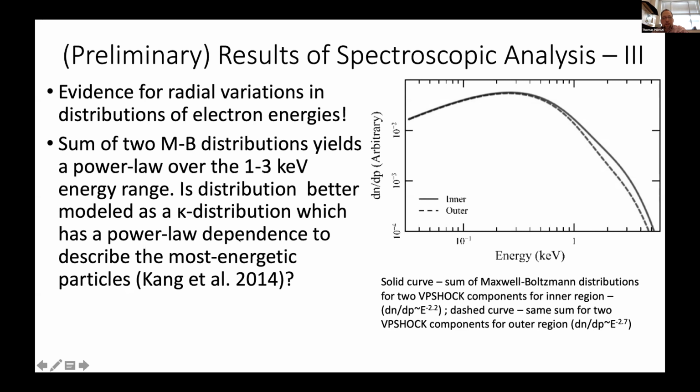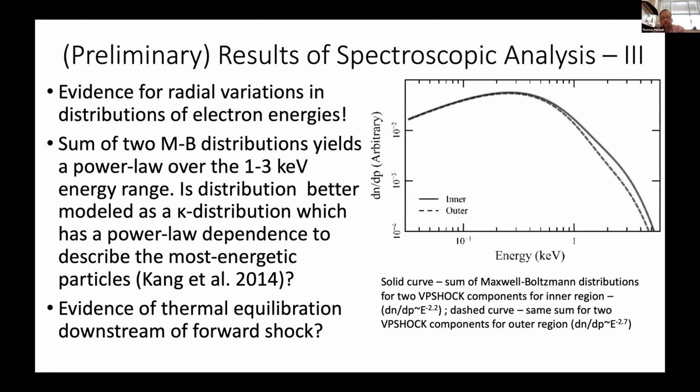The kappa distribution uses a power law to describe the distribution of the most energetic particles here. And we think this is evidence that the electrons which are producing emission are coming to more of a thermal equilibration downstream from the shock.